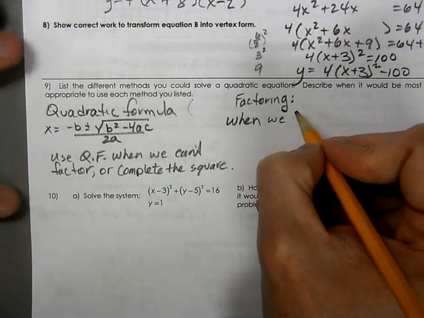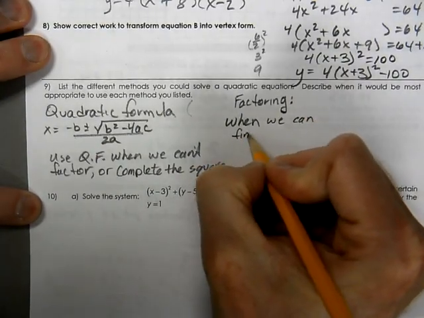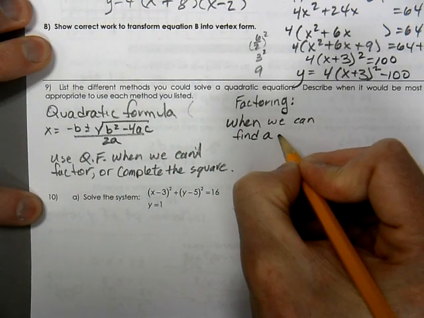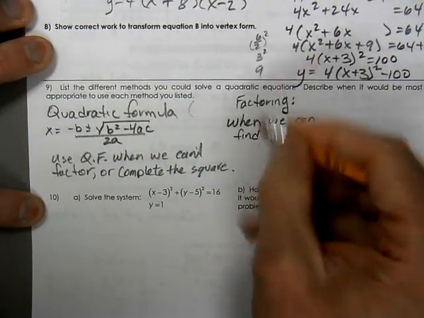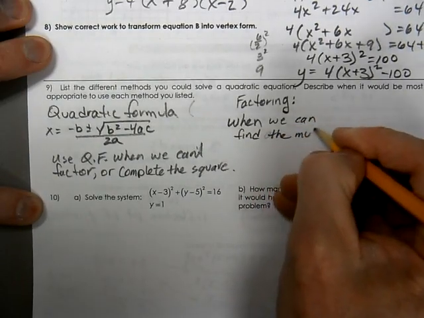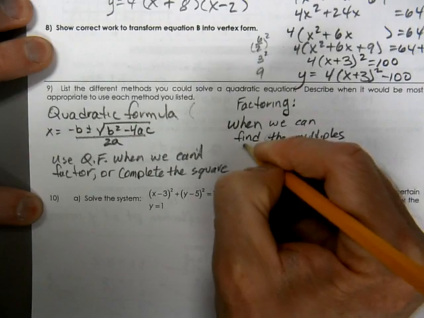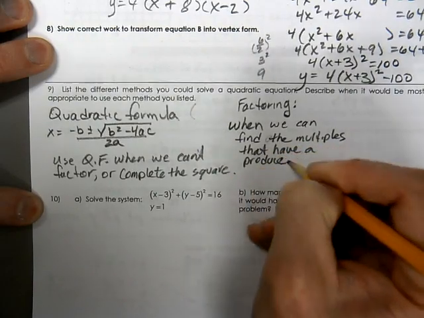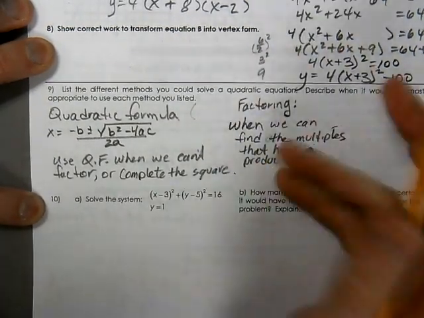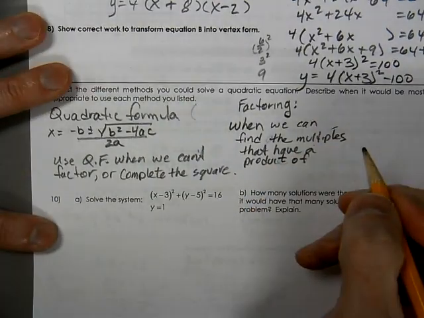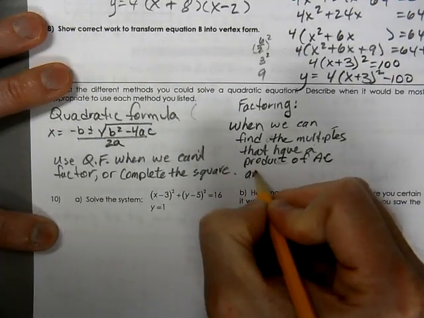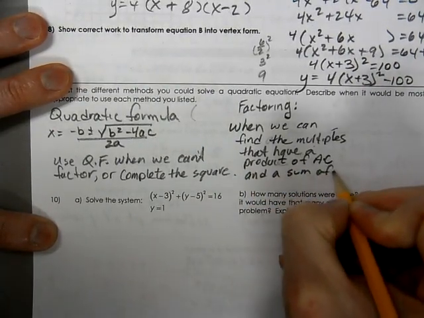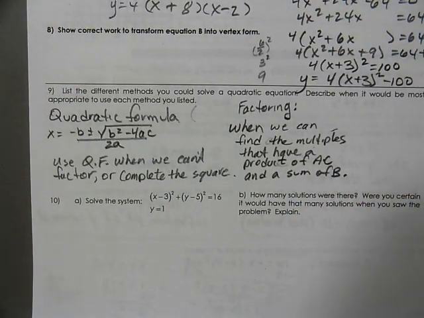When we can find the multiples that have a product of A times C and a sum of B. So when you can make the table and you can find your values, when it breaks into two binomials, that's when we can use factoring. Not every quadratic is factorable.